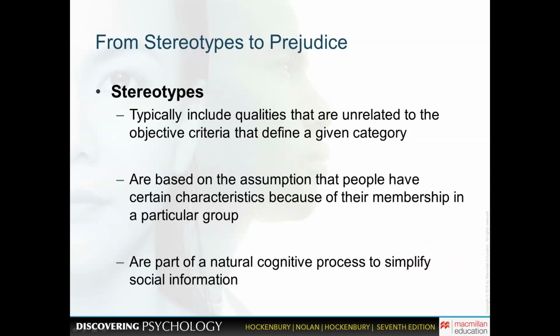Basically a cluster of characteristics associated with all members of a specific group of people. That's another way of looking at stereotype. And another way to look at it is when we're a member of one group, and we hold certain beliefs about members of another group.